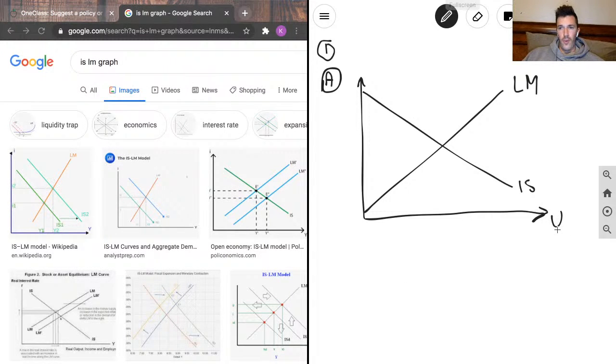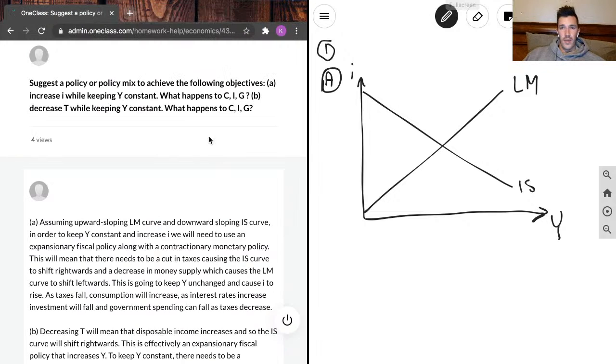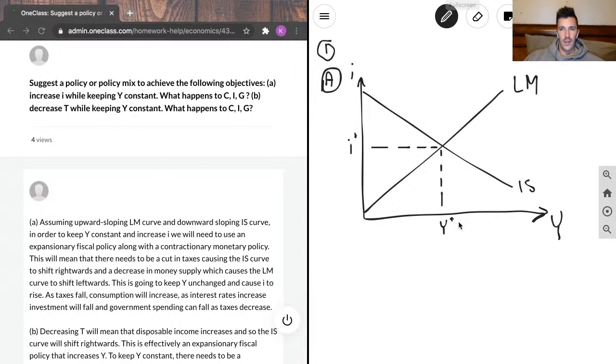Y for output is going to be on the x-axis, and I for the interest rate is going to be on the y-axis. Where they cross is the equilibrium. I star is the equilibrium interest rate, and Y star is equilibrium output or GDP.